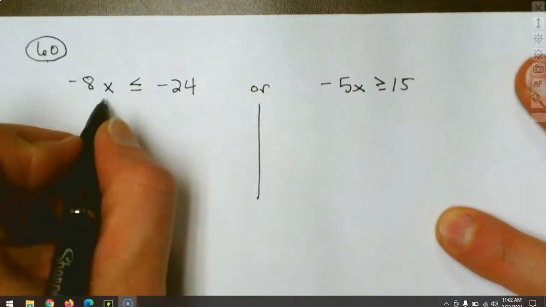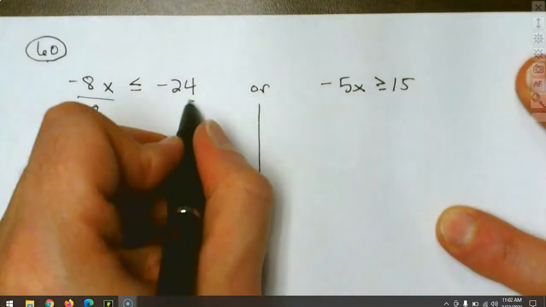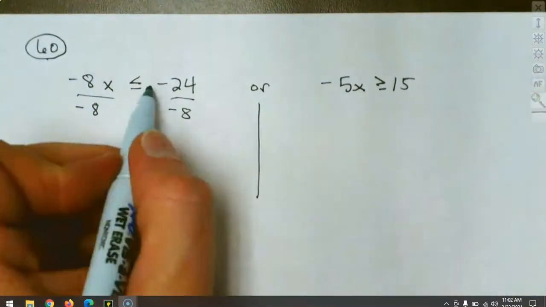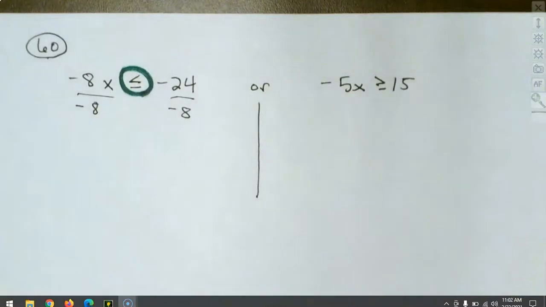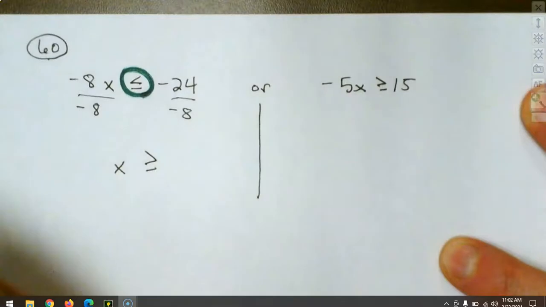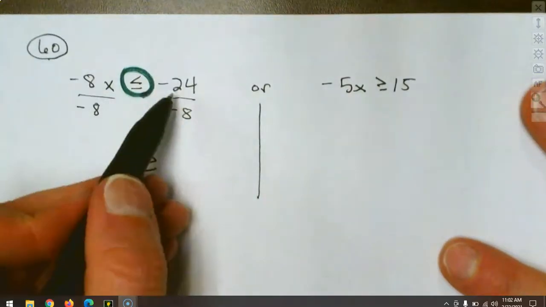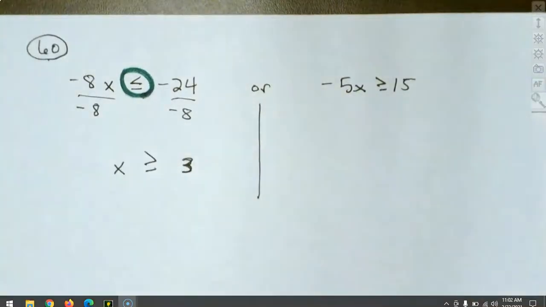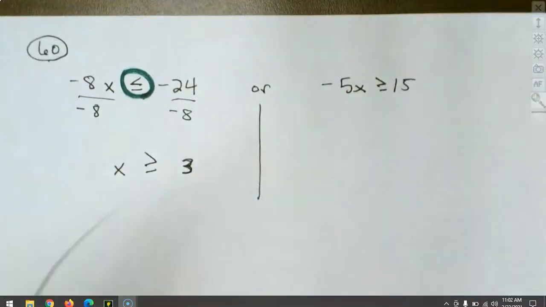So first thing we do is divide by that negative 8 on the left. Now, when we divide by a negative, that means my inequality symbol does what? Yep, that switches around. Negative and negative makes it positive, and 24 divided by 8, well, that looks like that's going to be a 3 there. Same thing on the other one.